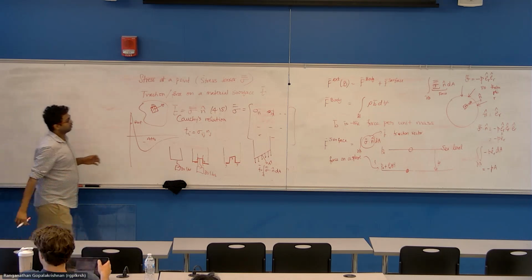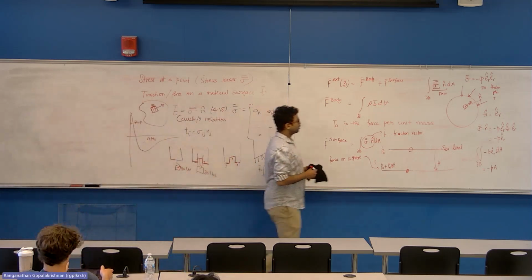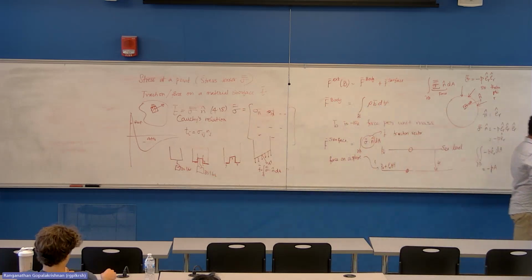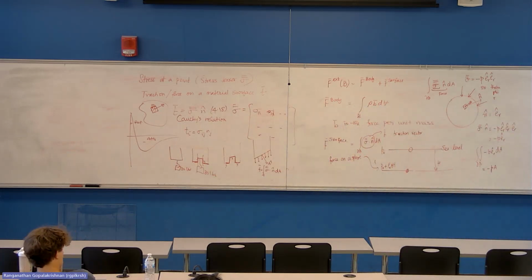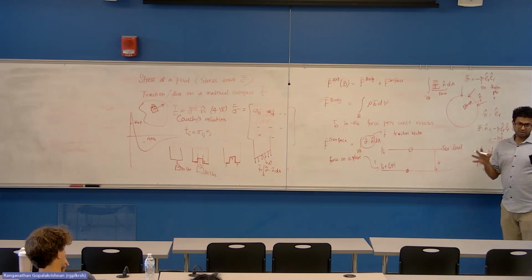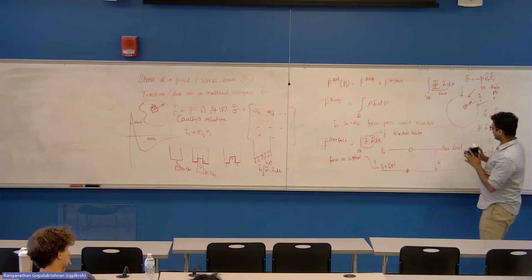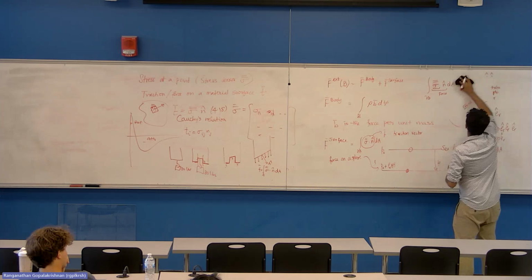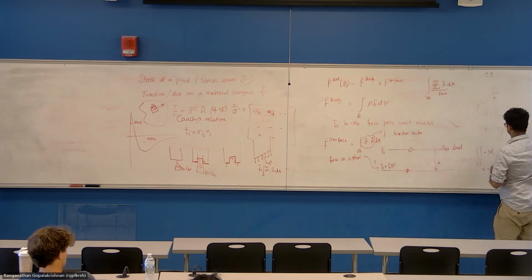So we wanted to get the material and spatial form of momentum conservation. We wrote Newton's law. Okay, I'll write it here because there are a lot of things that I'm going to say.